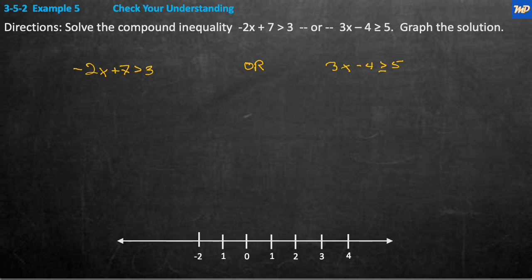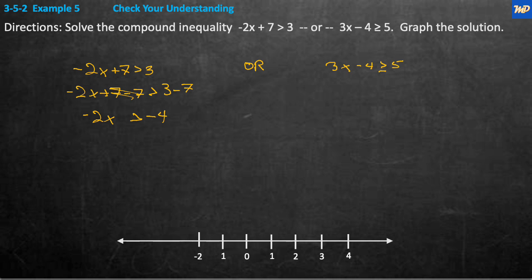We're going to get the x by itself, so we're going to have to move the 7. So we're adding a negative 7 to negative 2x plus 7, and it's greater than 3 minus 7. Now we're going to simplify. By doing so, we're going to have negative 2x is greater than 3 minus 7, which is minus 4, because these two 7s cancel out completely.